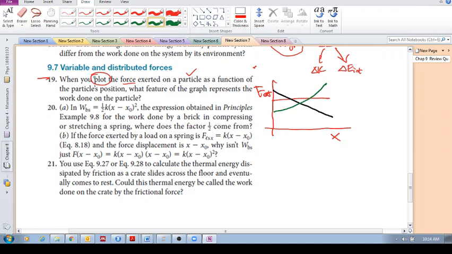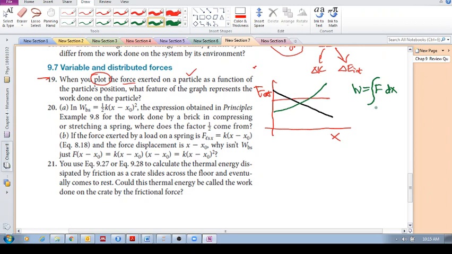Okay, so when you plot this, what feature of this graph represents the work done? Remember, the work done is simply the integral of the force times displacement, f dx.